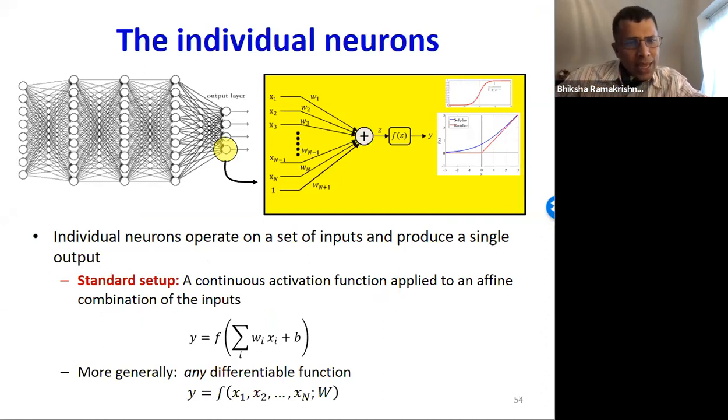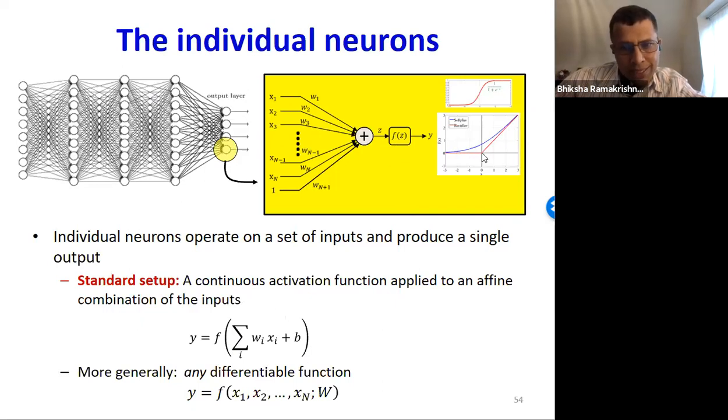Now, in the standard setup, each of these individual neurons we're going to assume has the nature of a perceptron. It has an activation function which operates on an affine combination of the inputs. So each neuron looks like so. It computes an affine combination of the inputs and applies an activation function to this affine combination, where the activation function is continuous and mostly differentiable.